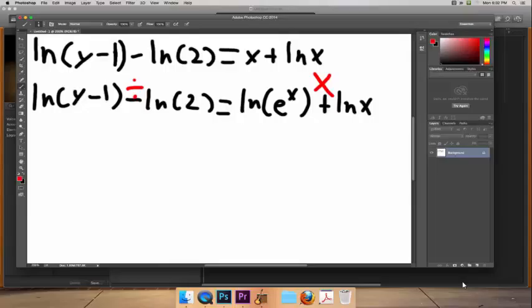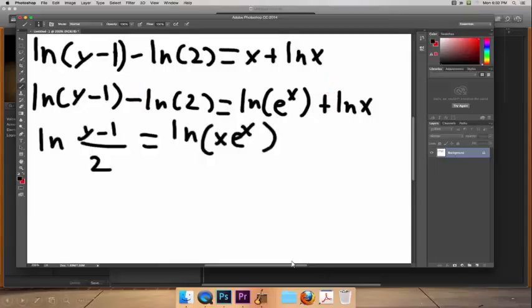So let's fuse these natural log equations so that we can view this in this other format. So now we have natural log of (y minus 1) over 2, which equals natural log of x times e to the x. And this is true so far because we've only used the properties of logarithms.